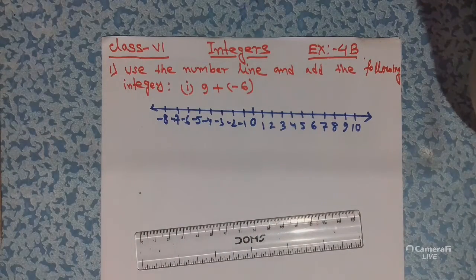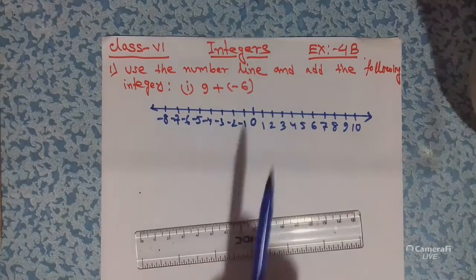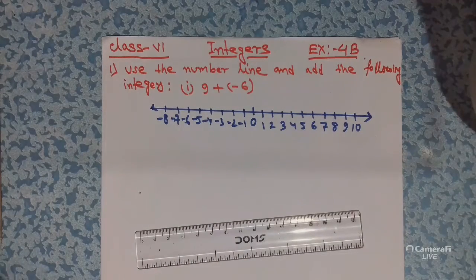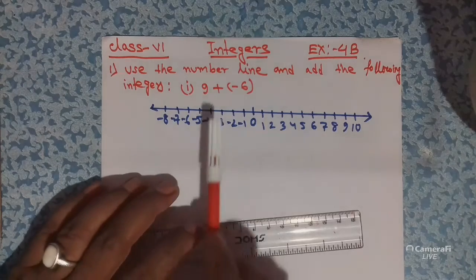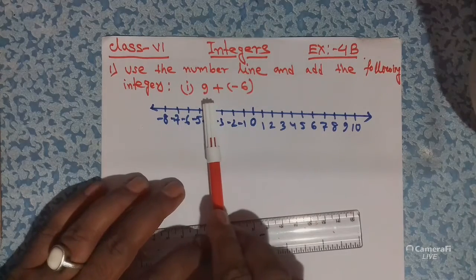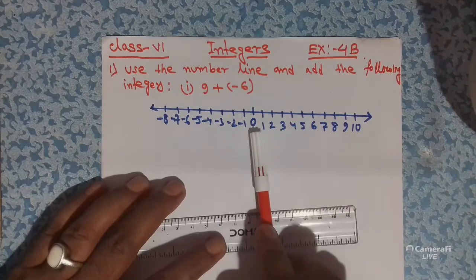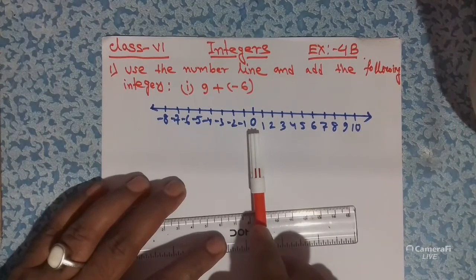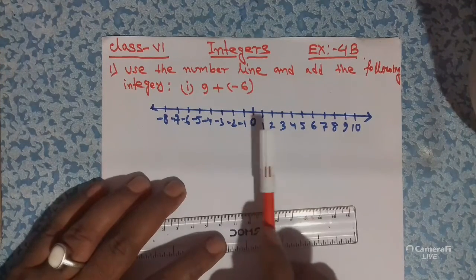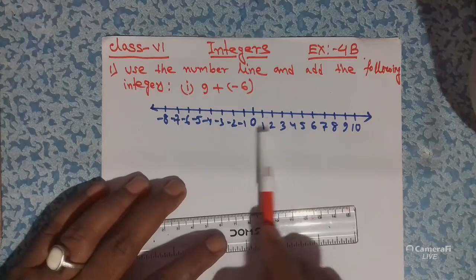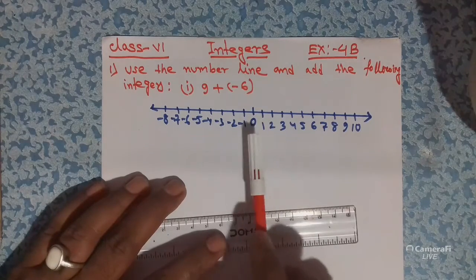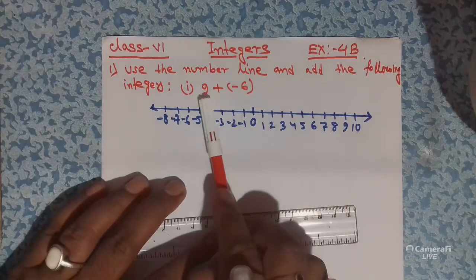Now we have to represent plus 9 first. So students, here you have to remember one thing: when you have positive values, then you have to move towards right hand side from the 0, because 0 is the starting point. Always remember, 0 is the starting point, and you have to move towards right when you have positive values.